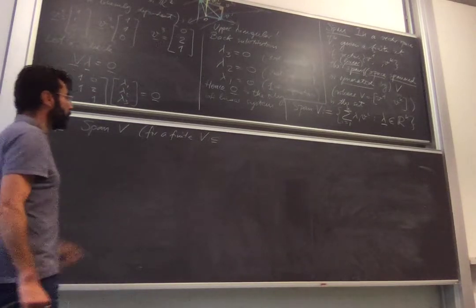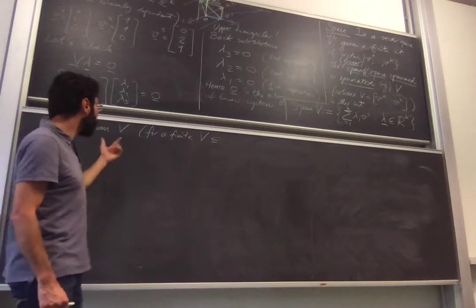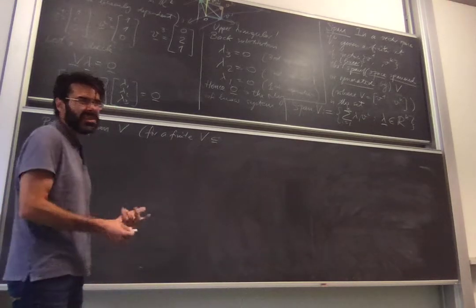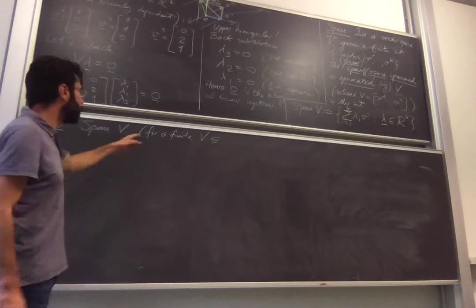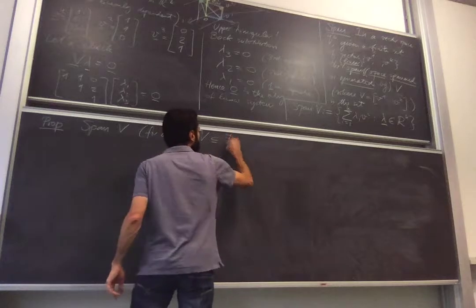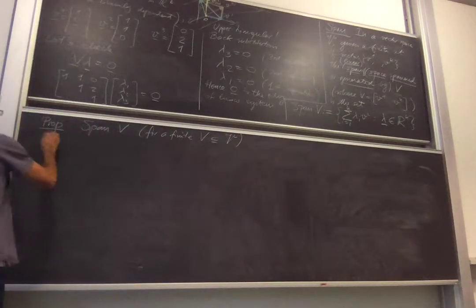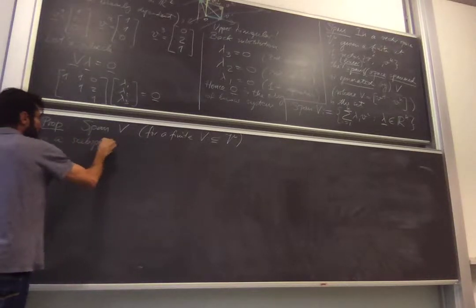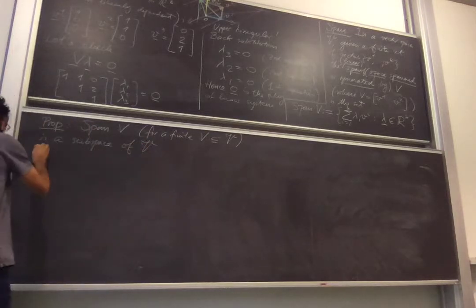So the row of vectors V, the matrix V, and the set V are the same when it's a finite set. It's just quicker to write everything. So for any V, the span of V is a subspace. Okay, so proof.